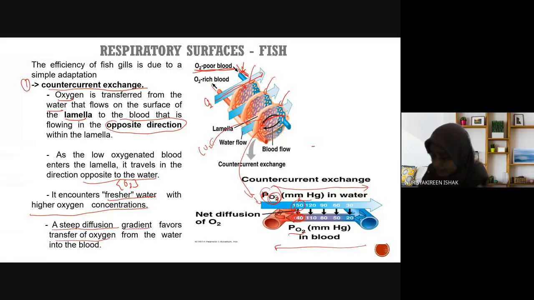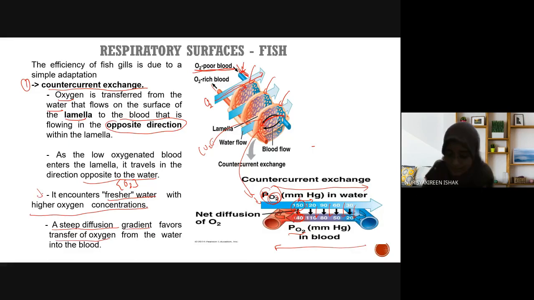As the water moves forward, the partial pressure of oxygen in the water is 120, and in the blood it is 110. So obviously it is higher. So oxygen from the water enters into the blood. Understand?